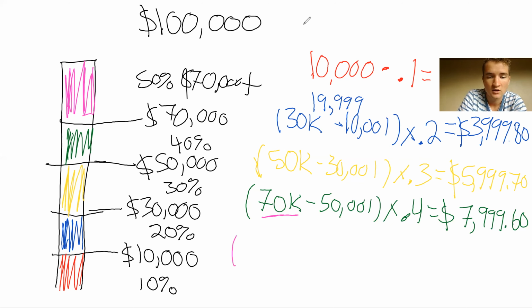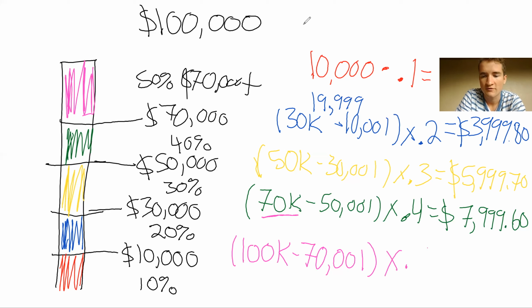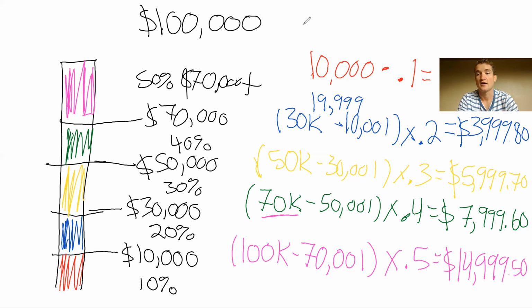I earned 100K, and I need to subtract that bottom bound of 70,001. We're going to multiply that by 0.5. Big heavy taxes comes to $14,999.50.